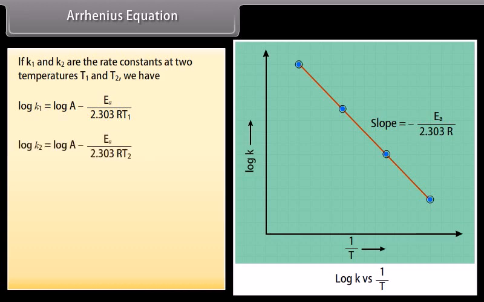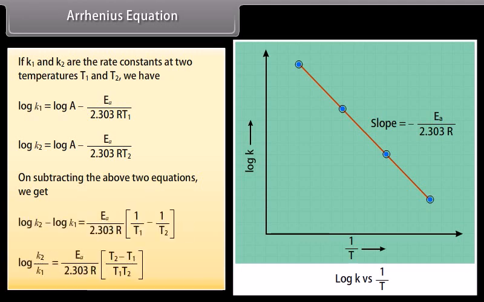Log K2 is equal to log A minus Ea upon 2.303 RT2. On subtracting the above two equations, we get log K2 upon K1 is equal to Ea upon 2.303 R multiplied by T2 minus T1 upon T1 T2.